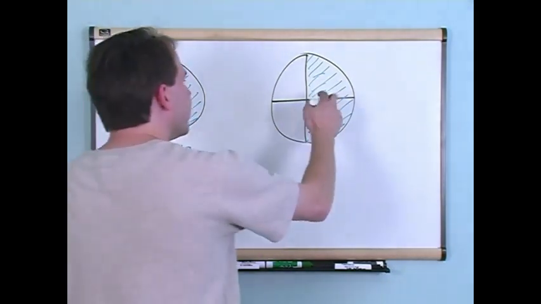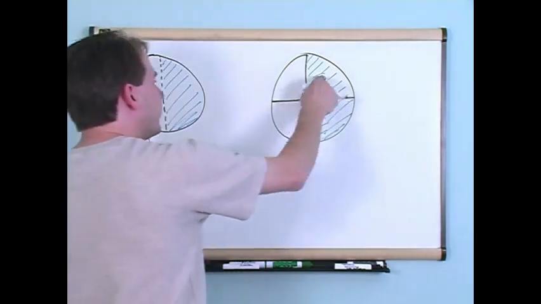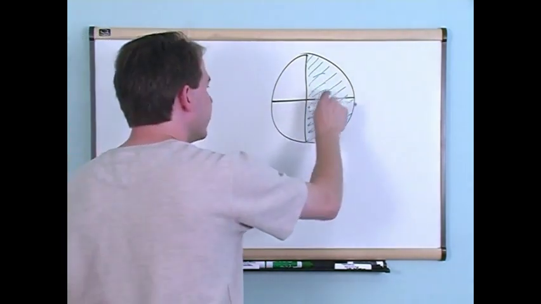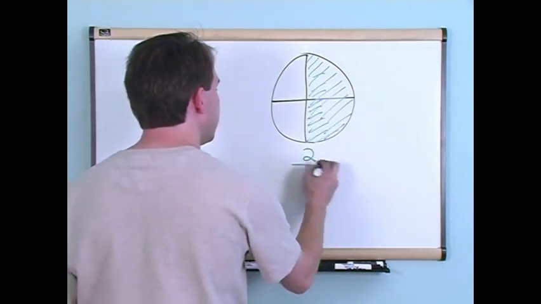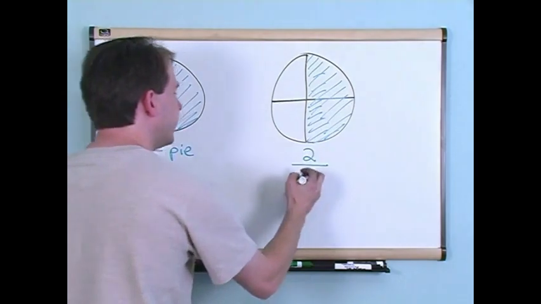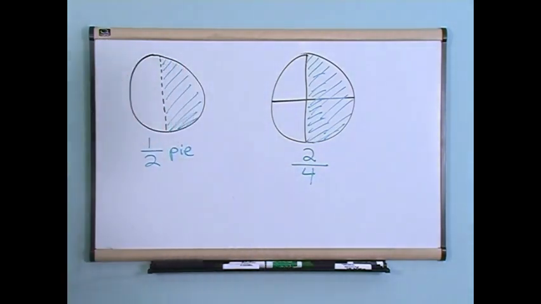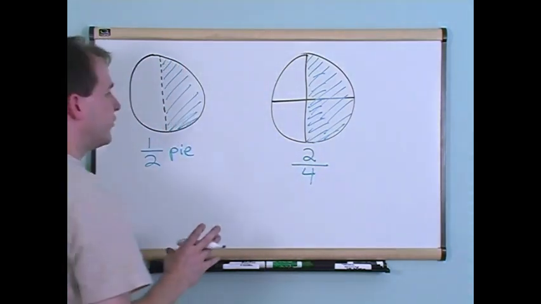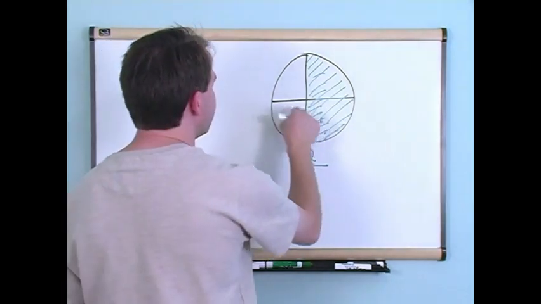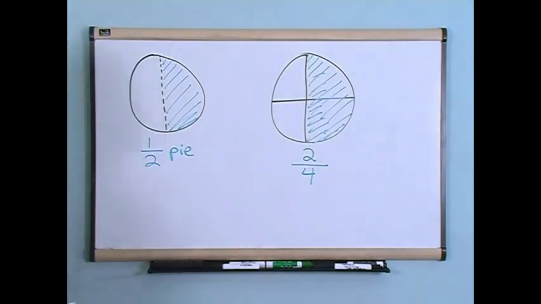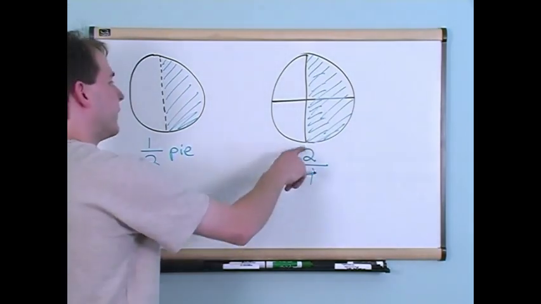There were 4 pieces, and I took 2 of them. So I took 2 pieces, 1, 2, out of 1, 2, 3, 4 total pieces. That is a fraction. So anytime you write a fraction down, the top number is how many pieces you have, and the bottom number is how many total pieces there are, period, okay? So you have 2/4 here.